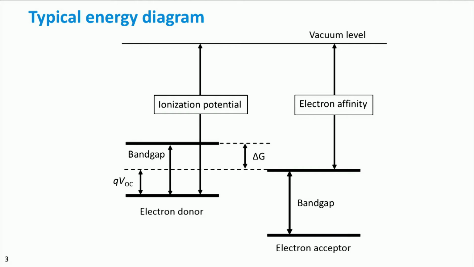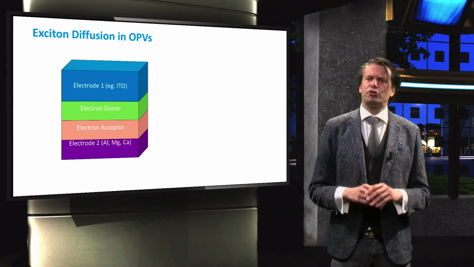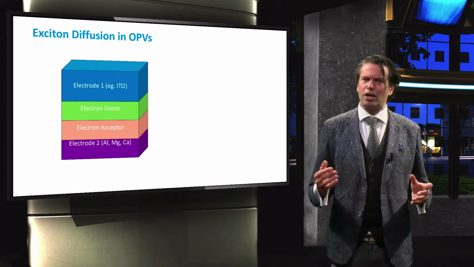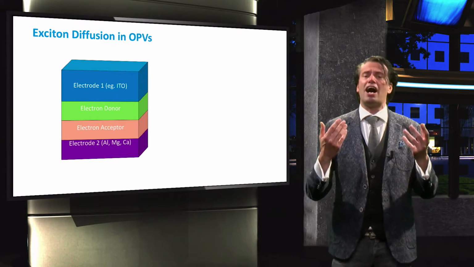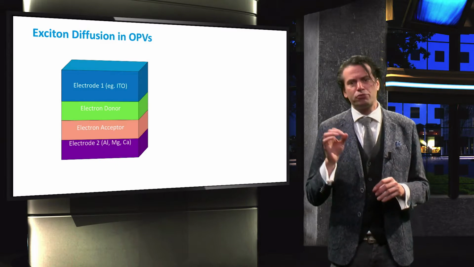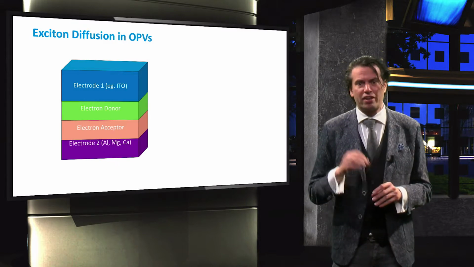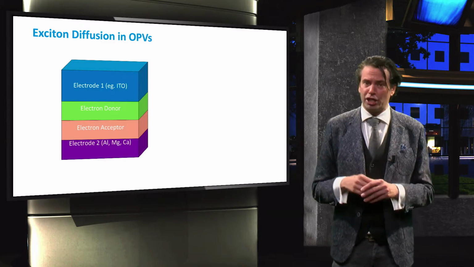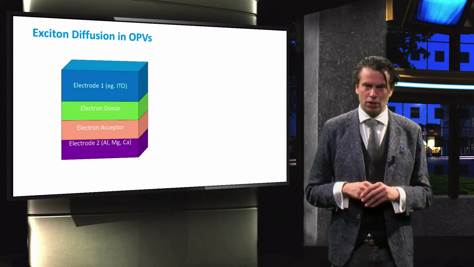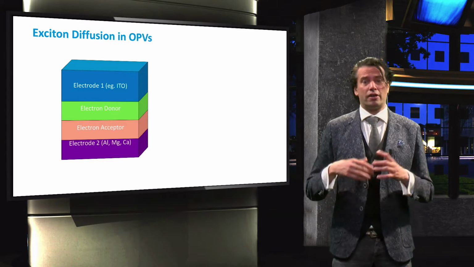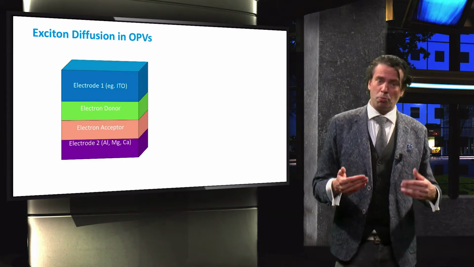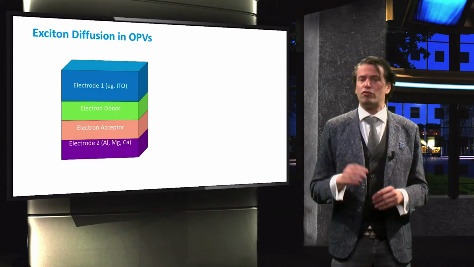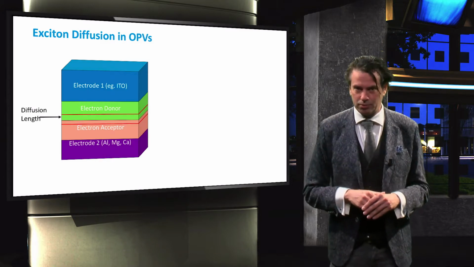Finally, we can define the open circuit voltage, V_OC, as the band gap of the electron donor minus the driving force. In a normal heterojunction organic solar cell, the organic absorber material has a very high absorption coefficient, which requires an absorber layer with a thickness of about 100 nanometers to maximize the utilization of the solar spectrum. On the other hand, the inherent nature of excitons to recombine easily gives a diffusion length of around 20 nanometers.